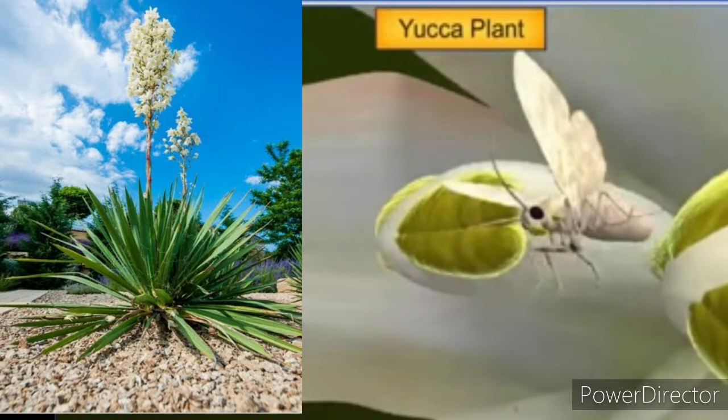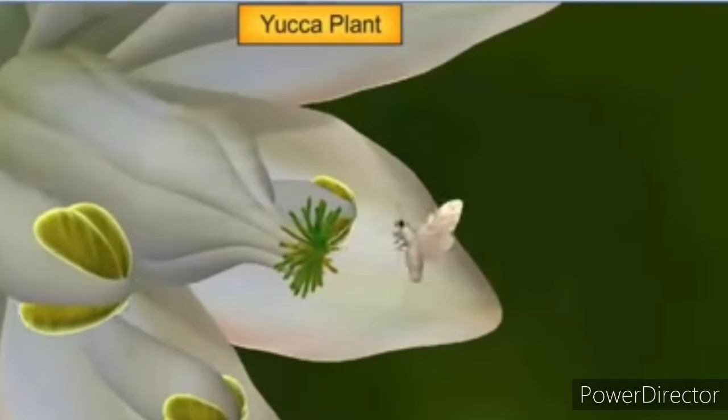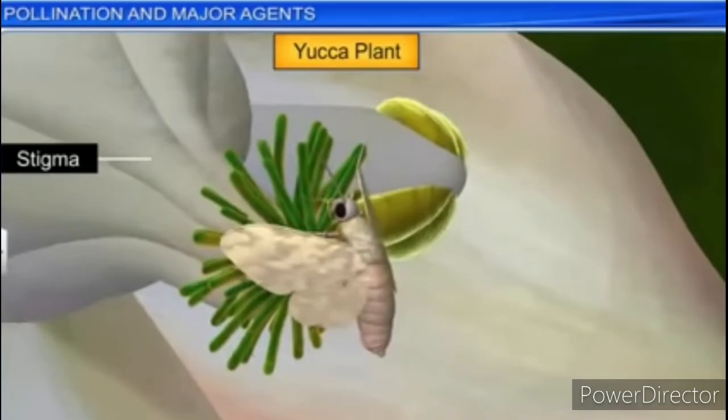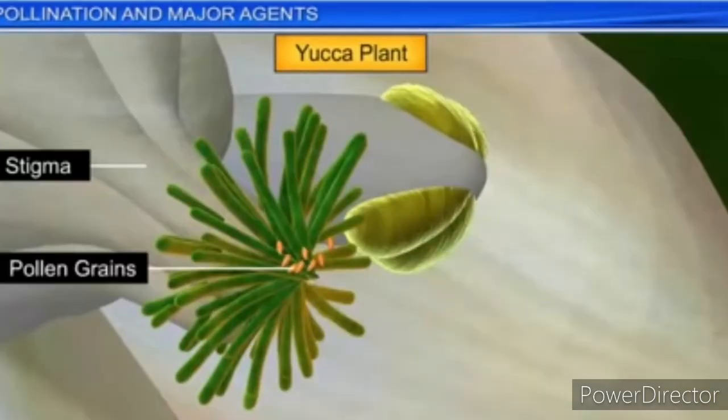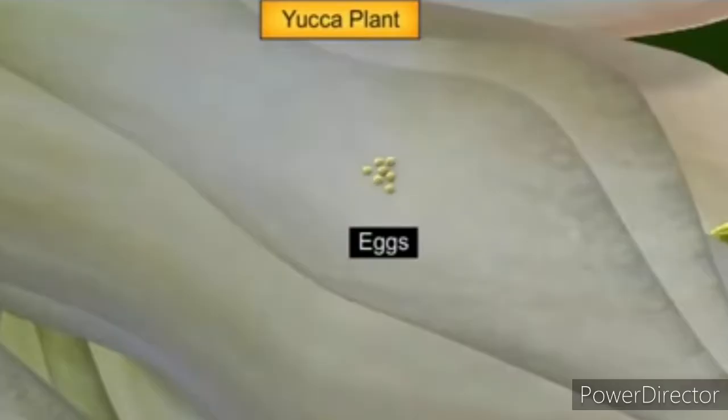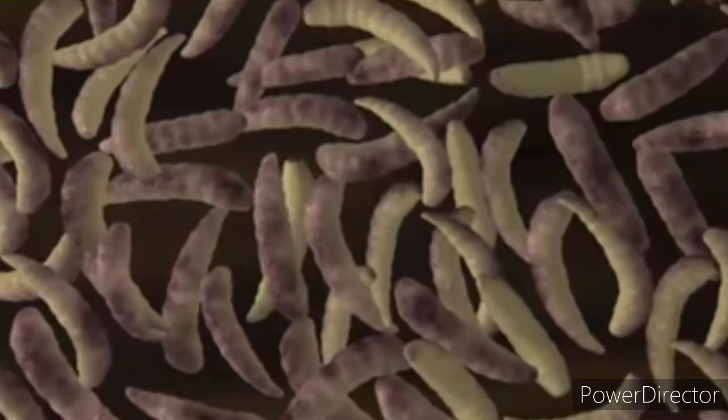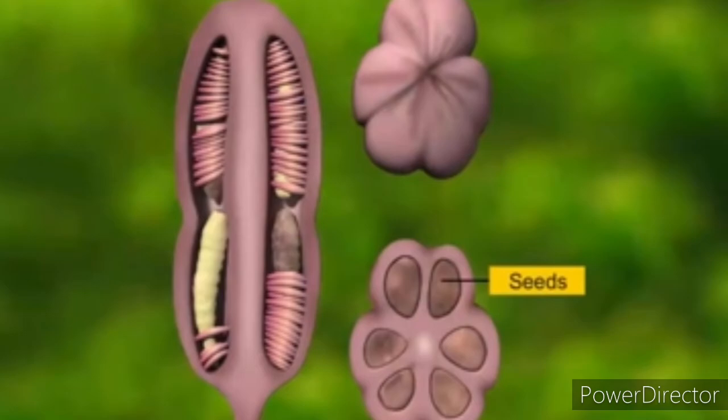Similarly, a relationship exists between the species of a moth and a yucca plant. The moth deposits its eggs in the locule of the ovary of the yucca flower. The larvae of the moth come out of the egg and start consuming some of the developing seeds, leaving enough of them for propagating the plant.